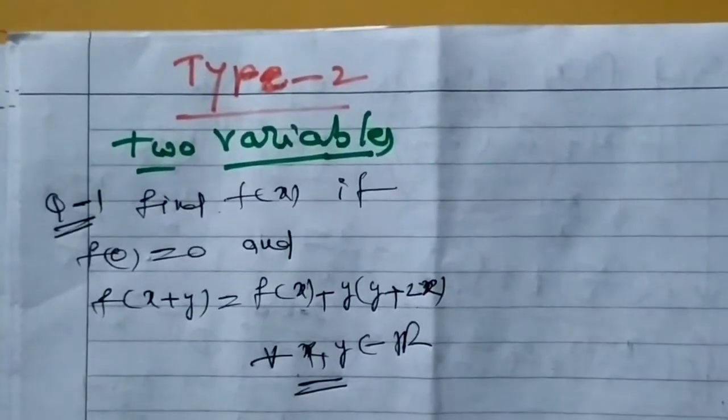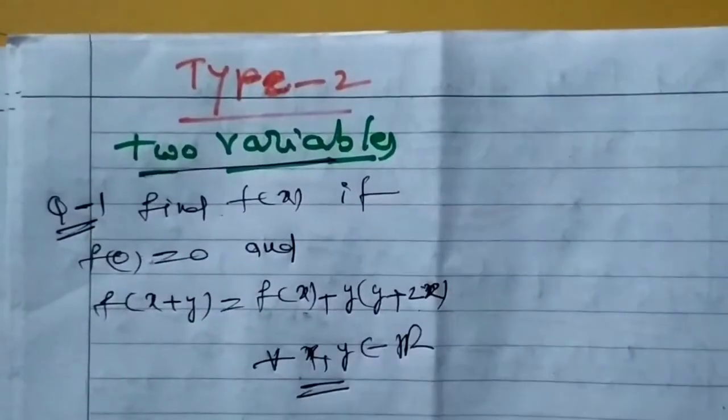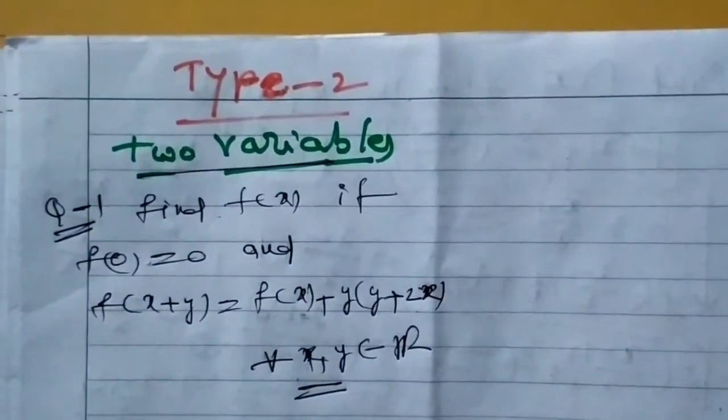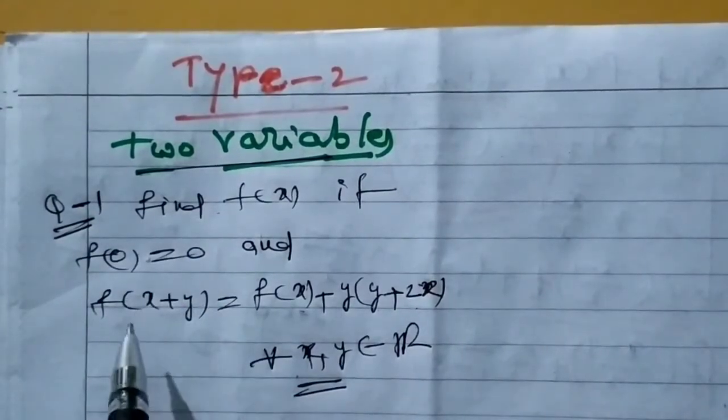See, in type 2 questions, two variables are involved. So in this type of problems, let us consider one problem.